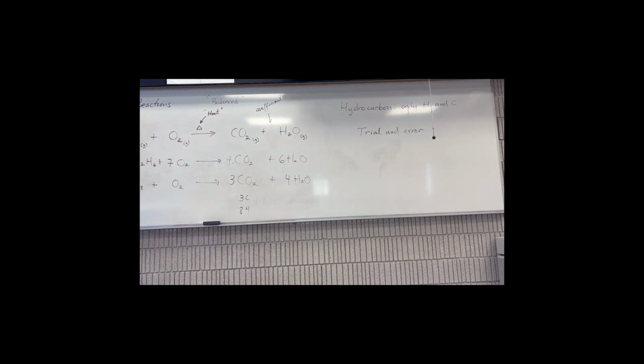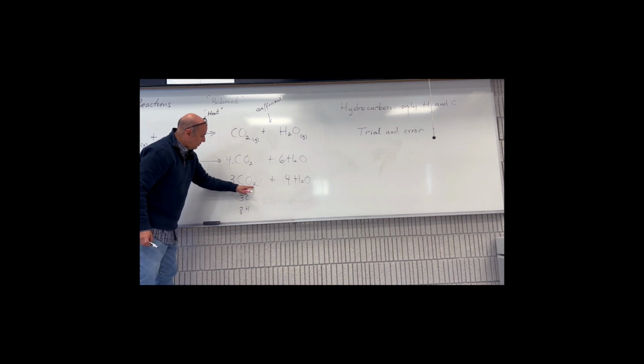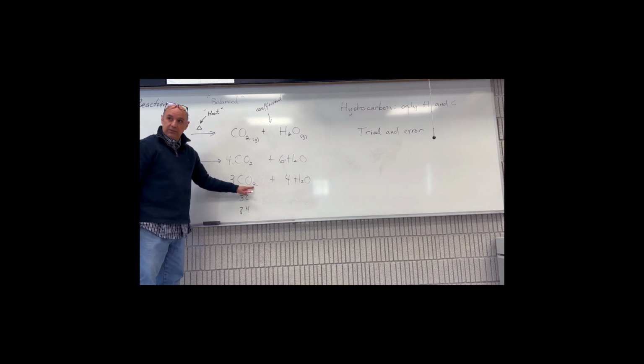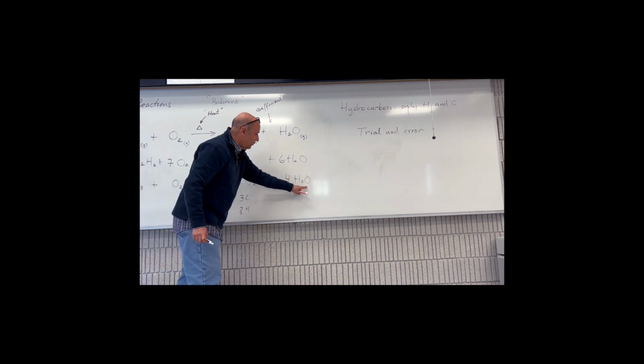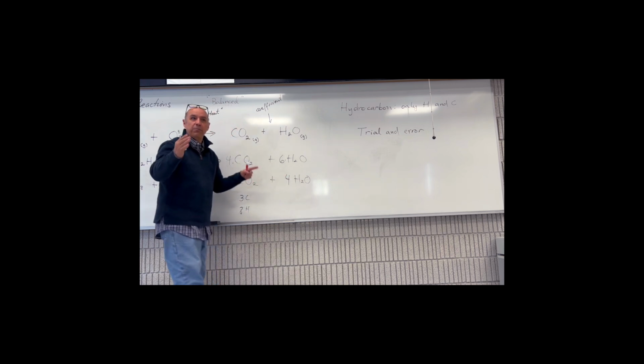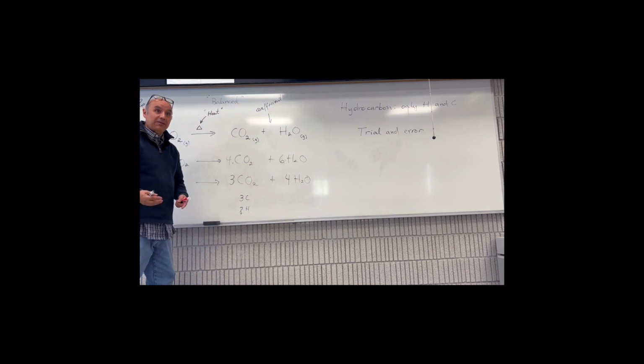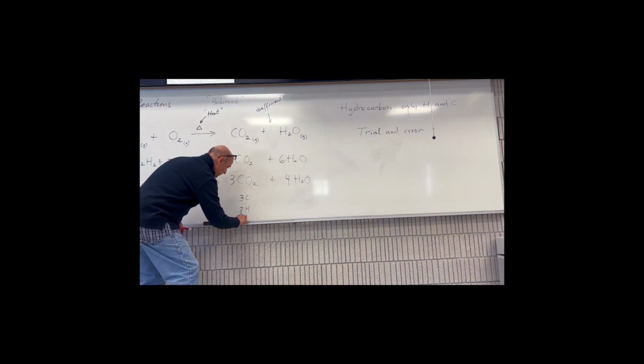We only have the oxygen left. How many do we have on the left? 2 oxygens rather. And on the right, 3 times 2, 6, plus 4 times 1, 4. 4 plus 6, we have 10, right? 10 oxygens.